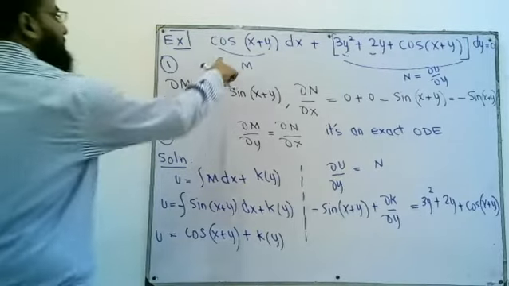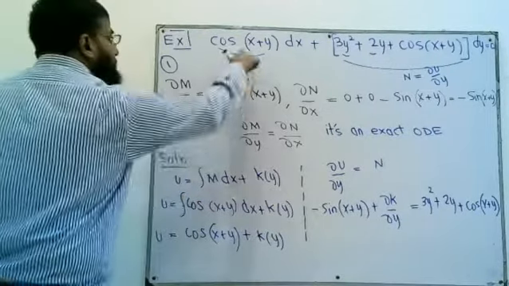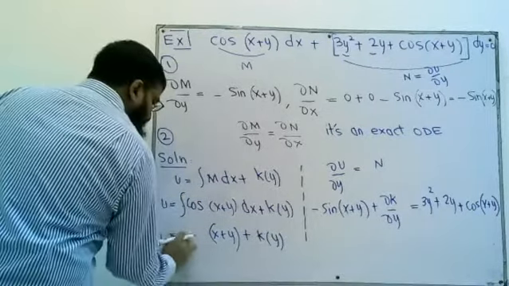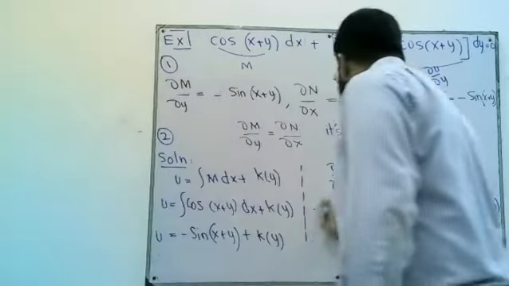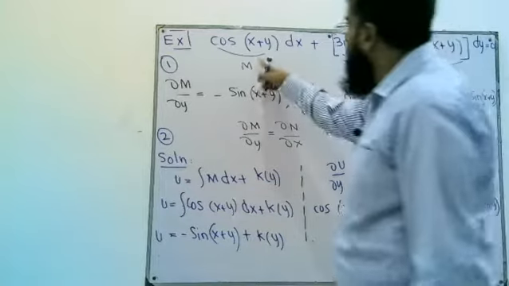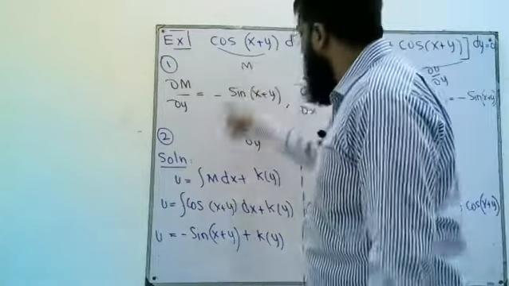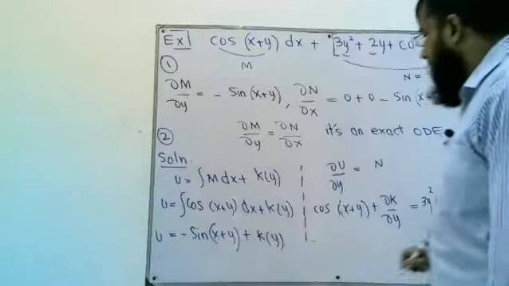So there's a mistake here. M is cos of (x+y), and this is minus sine of (x+y). So there's a small mistake. So M is cos(x+y), and its integral would be sine of (x+y).